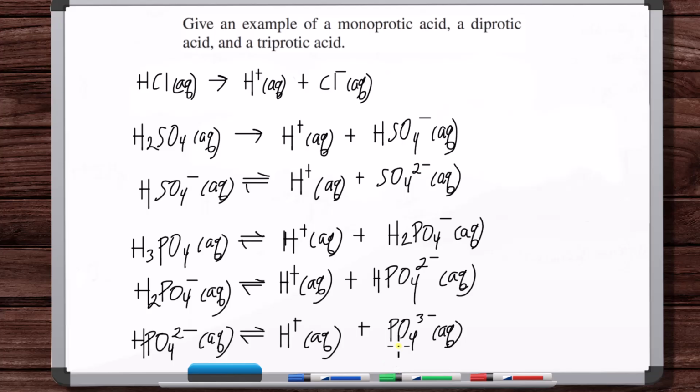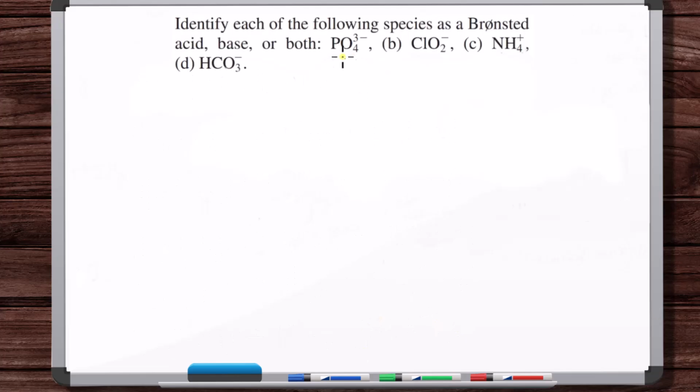Well, in the solution, since this is reversible, it's going to be combining with H plus ions. It's going to be accepting H plus ions, right? So this is going to be acting as a Bronsted base. But as far as acting as an acid, well, no, this can't donate any protons to the solution. So a base.